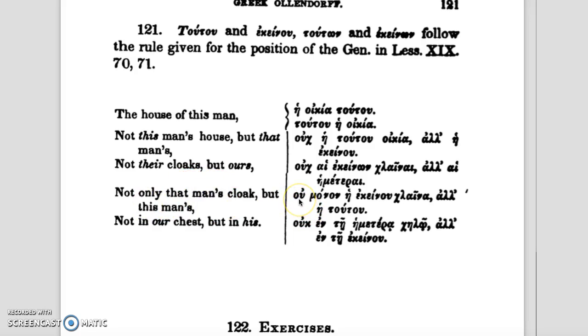So, u is not, monon is only, not only, monon, ekinu klena. The is a, klena is cloak, and then ekinu in between the and cloak is that man. So ekinu klena is the cloak of that man, or that man's cloak.